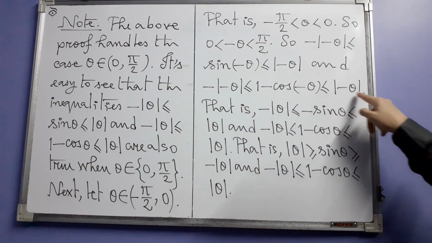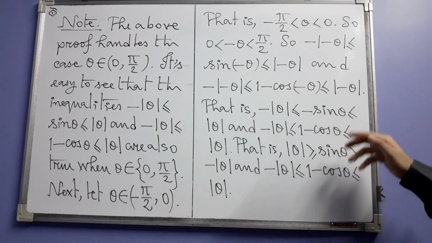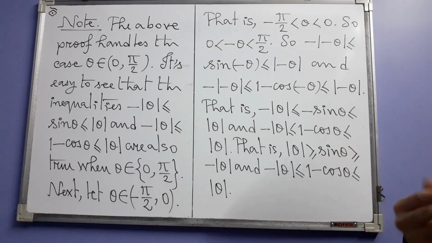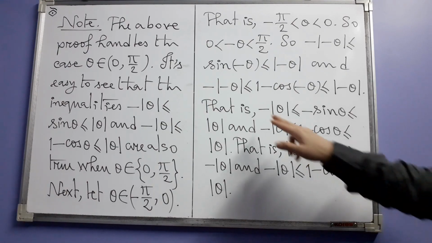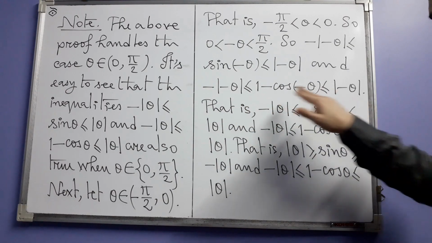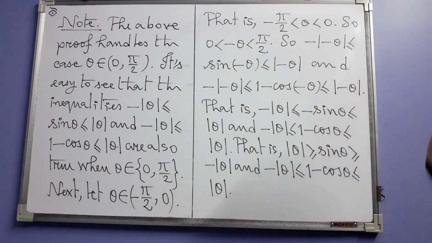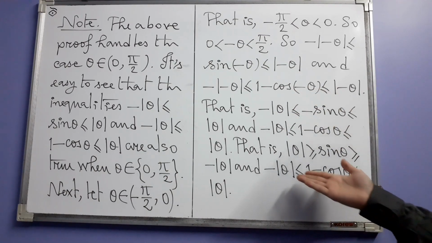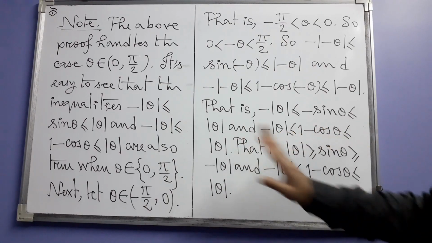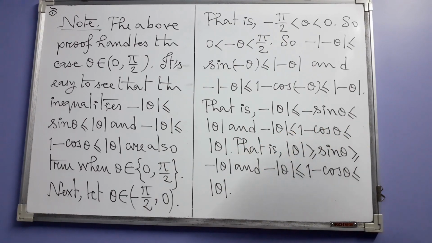And the second set of inequalities just immediately reduces to what we need, because the minuses vanish here and here because absolute value is there, and cos minus theta is cos theta. So there we actually have what we want to have.